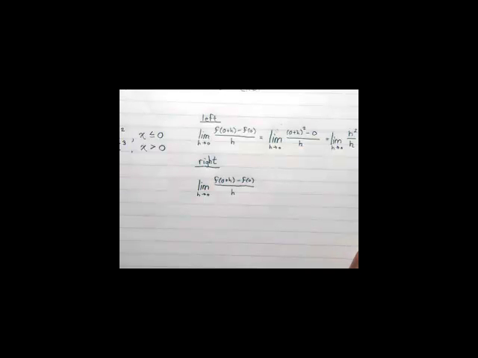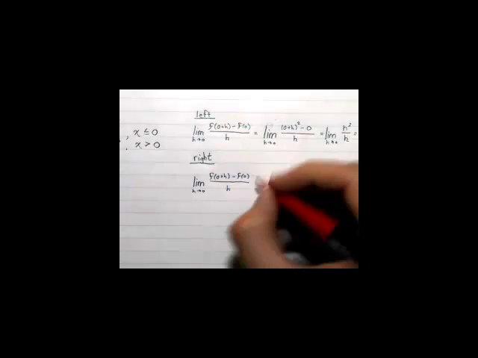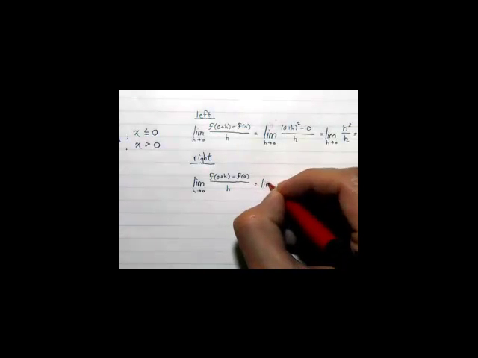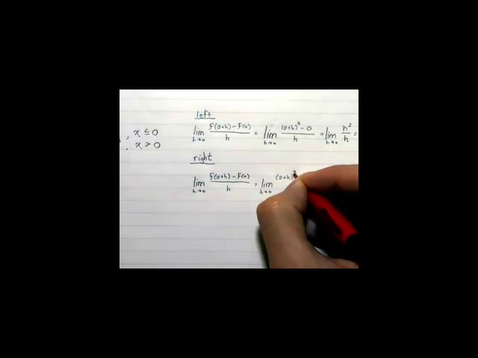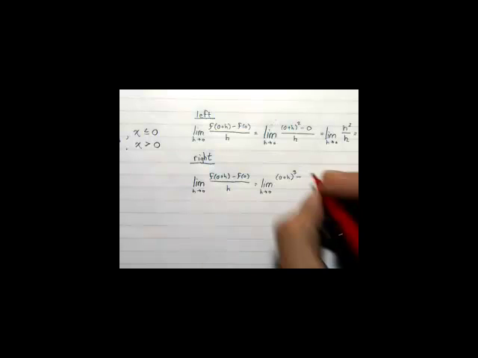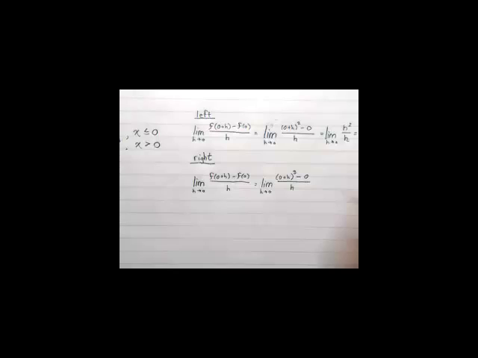But now we're interested in the other piece, the x to the third. So for that one, limit as h goes to 0. Now we got 0 plus h to the third minus f of 0, which is 0, all over h.